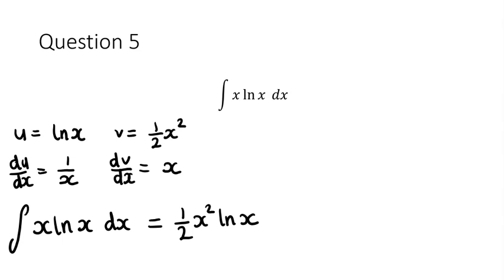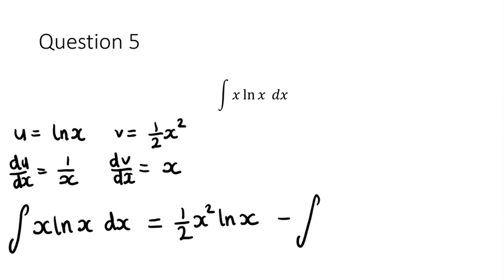Okay, that's my U times V. And then what I have to do in the formula is take away the result of du by dx times V. So when you use integration by parts, you need to make sure that when you have du by dx times V, it's something that you can integrate easily when you multiply these together.